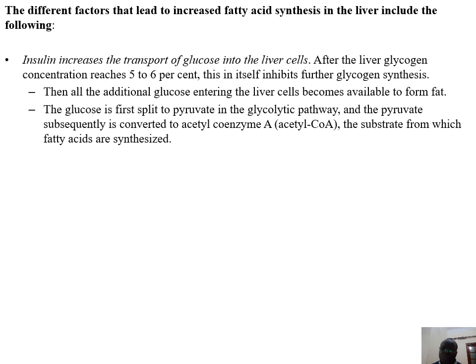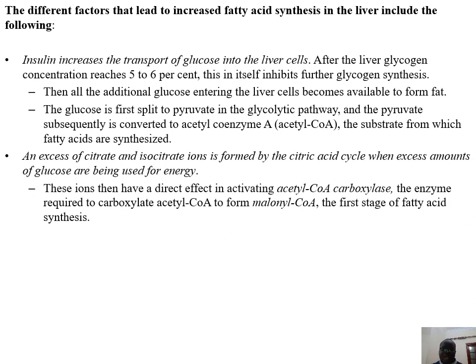So the glucose will undergo glycolysis to be converted into pyruvate, the pyruvate will be converted into acetyl coenzyme A, and this acetyl coenzyme A will be used now for the production of fat. An excess of citrate and isocitrate ions is formed by the citric acid cycle when excess amounts of glucose are being used for energy.